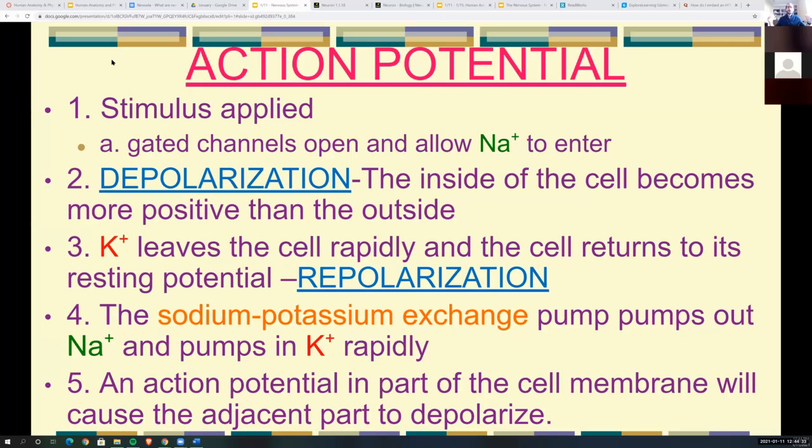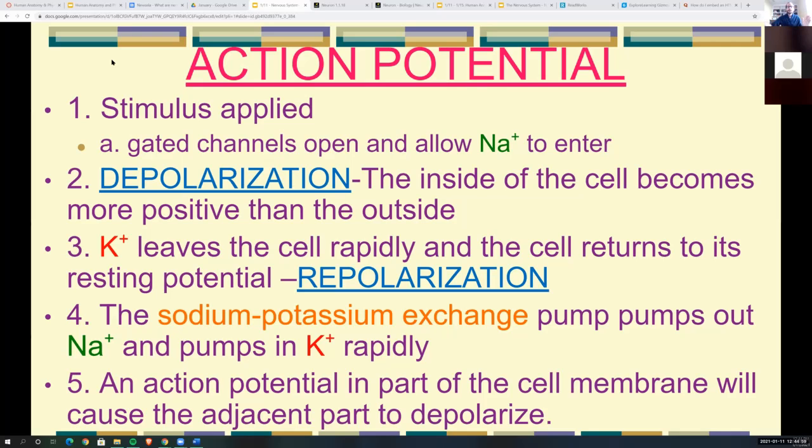You get depolarization, repolarization in one location. That's one domino falling over. That domino hits the next domino and causes depolarization, then repolarization. The next one hits, depolarization, repolarization. The only difference is our body's neurons have the ability to put the dominoes back up.